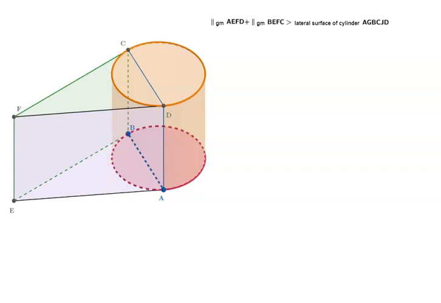It will come. Now, remember, it is difficult to figure out the area of a curved surface. So how do we at least do some approximation? For that, we circumscribe a solid around this cylinder.